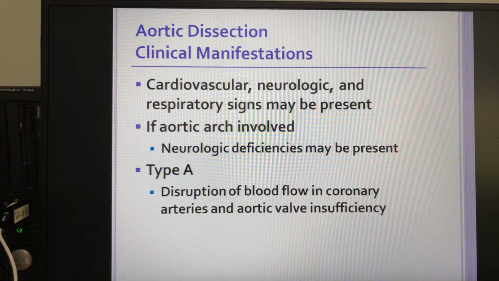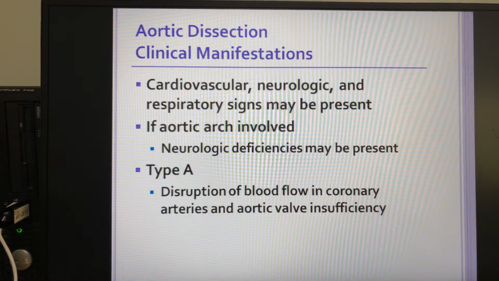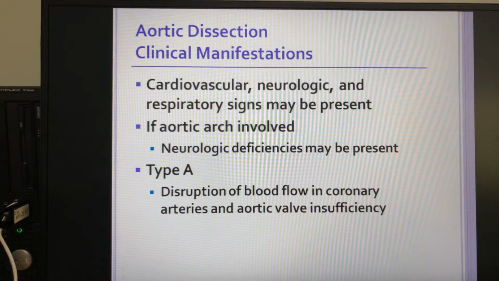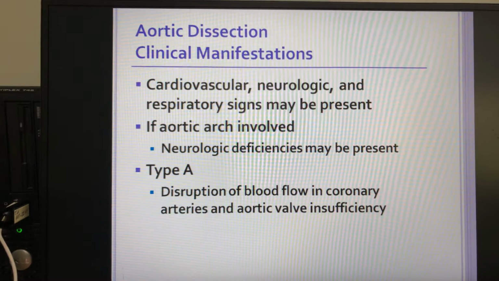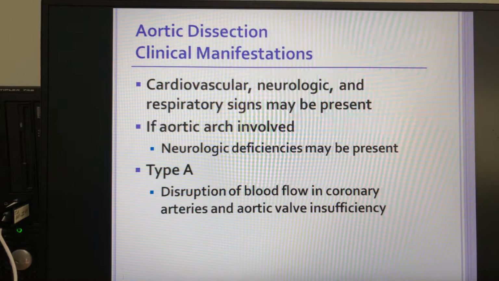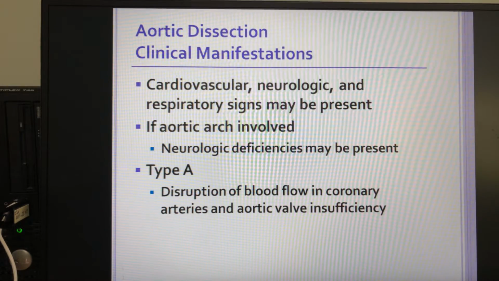The patient may develop angina, MI, and a new high-pitched heart murmur. In severe cases, these complications can result in left heart failure, where the patient will present with dyspnea, orthopnea, and pulmonary edema. It can progress to cardiogenic shock and lead to death.